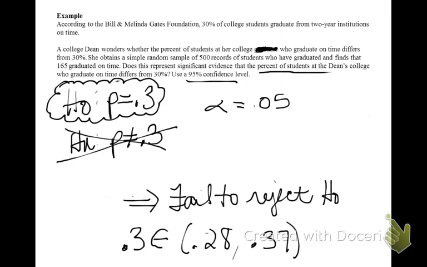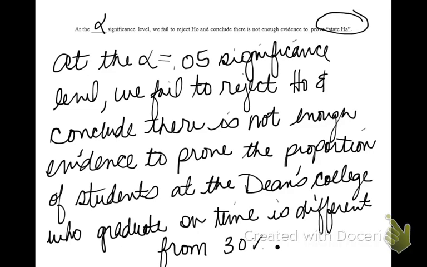So we said there is not enough evidence to prove that P, the percent of students at the Dean's College who graduate on time, is not equal to, differs from 0.3, 30%. So at the alpha equal 0.05 significance level, we fail to reject the null hypothesis and conclude there is not enough evidence to prove the proportion of students at the Dean's College who graduate on time is different from 30%.